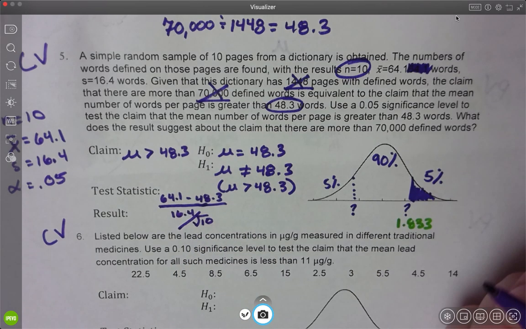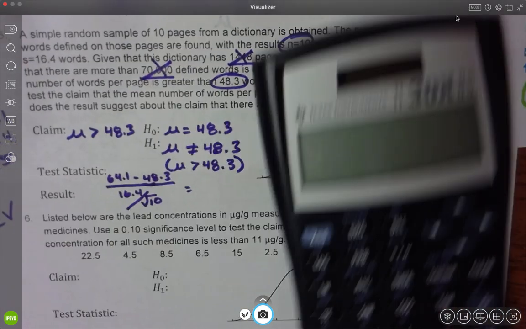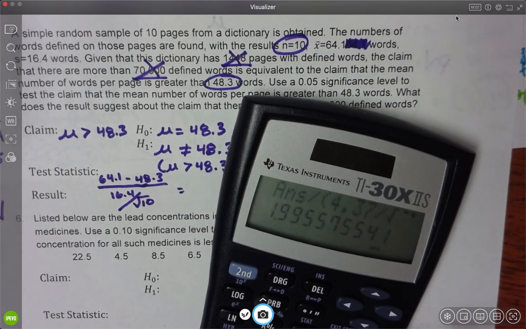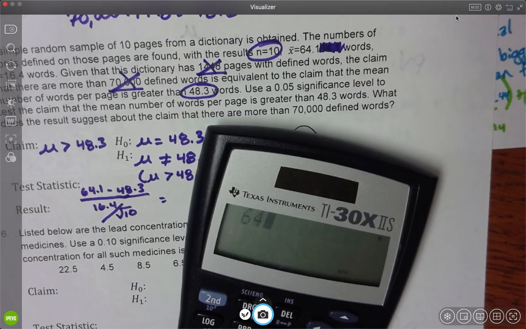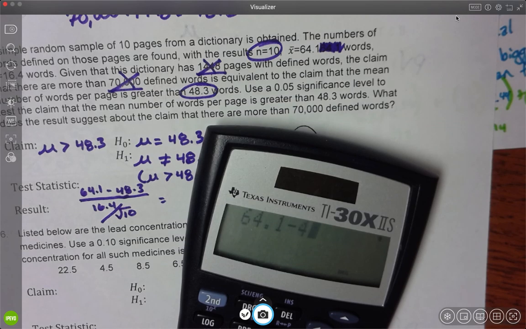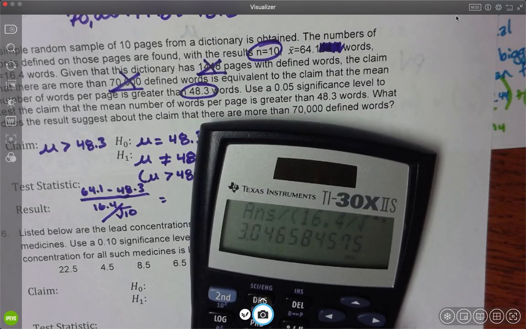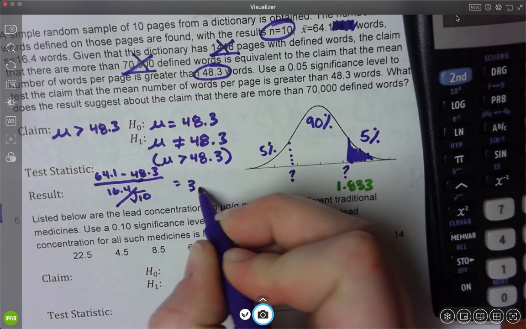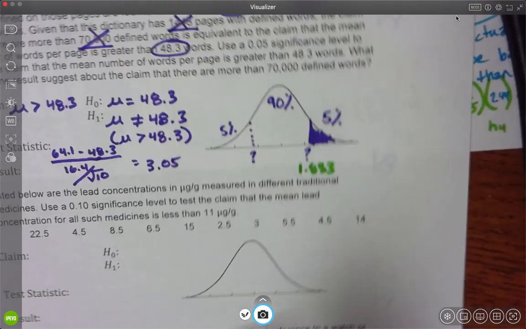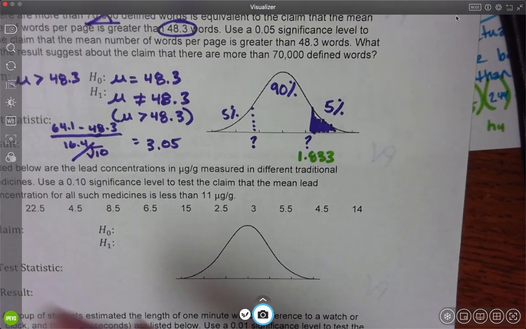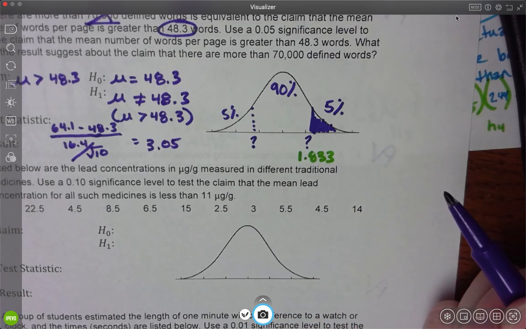Okay, and we can type them all in, see what you get. 64.1 minus 48.3 divided by 16.4 divided by the square root of 10. And I got 3.05. Okay, and then we have to figure out where he lives. Okay, 3.05 in relationship to 1.83 is all the way over here.